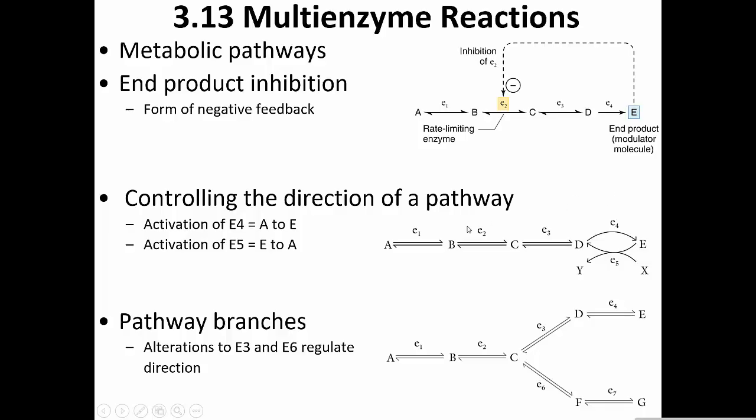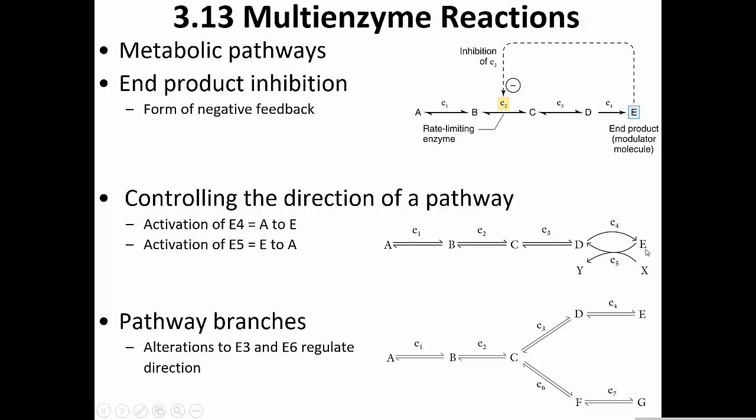For example, in this particular pathway, if we turn on or promote the activity of enzyme number 4, we're promoting the production of product E, ultimately from substrate A, through the activity of enzymes 1, 2, 3, and 4. However, if we inhibit enzyme 4 and activate enzyme number 5, enzyme number 5 converts X to Y, but at the same time it converts E to D, and therefore provides the substrate for E3.